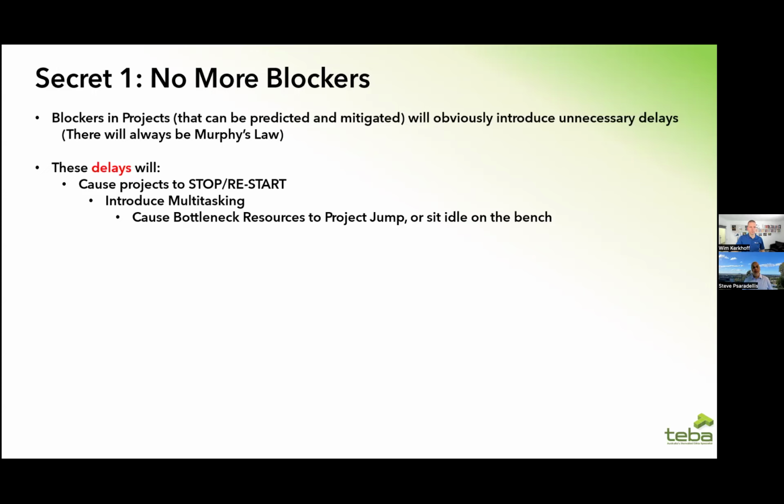The project jumping is controlling you and the project resource. And obviously, all this leads to blowing out your project timelines. So how do we get rid of the blockers? How do we work on these things in advance so that all we have to do is deal with Murphy's Law, not everything else going on?